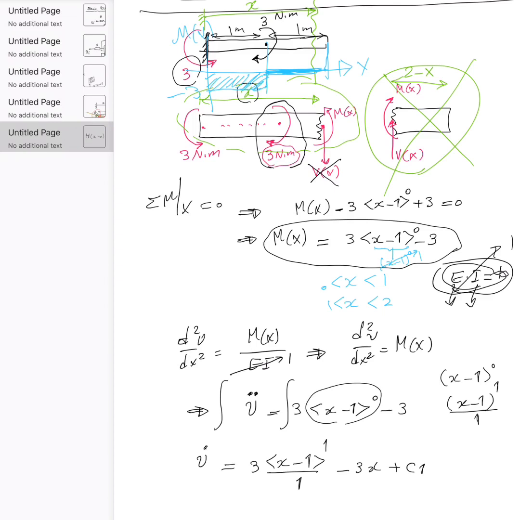Apply the boundary condition at 0, then c1 becomes 0. Take one more integral, then you get v at x, that's what I'm trying to get, is equal to 3 Heaviside x minus 1, 2 divided by 2 minus 3x squared over 2, plus c2. Again, by the same token, c2 after applying the boundary condition becomes 0. So that's your equation of the deflected beam.